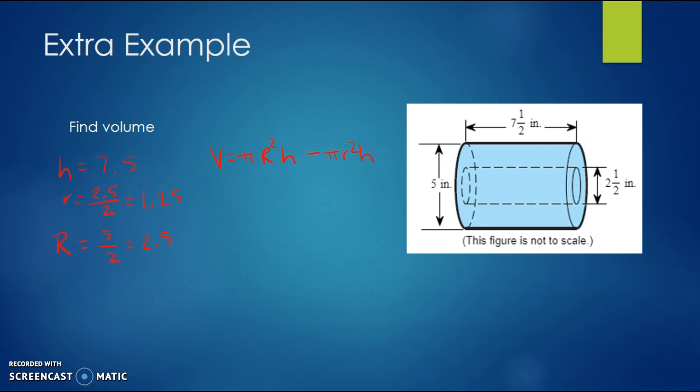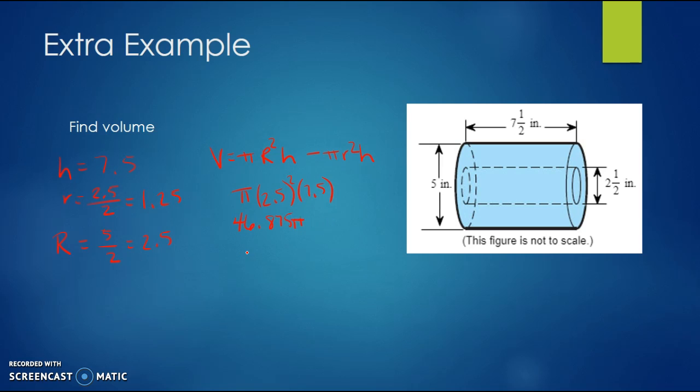So I'm going to start with pi times 2.5 squared times 7.5. And I'm going to leave this in exact because that actually gives us fewer decimals and makes this a little bit easier to work with. So 2.5 squared times 7.5 will give us 46.875 pi.